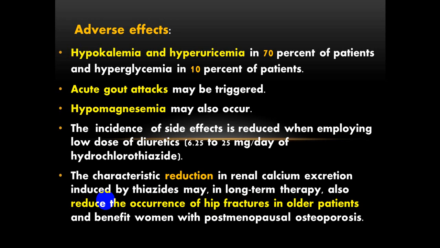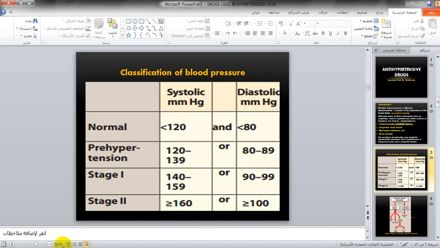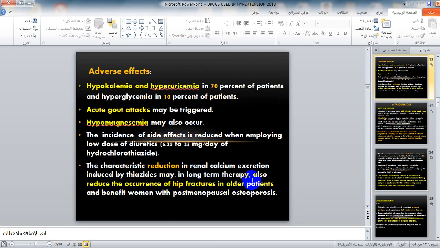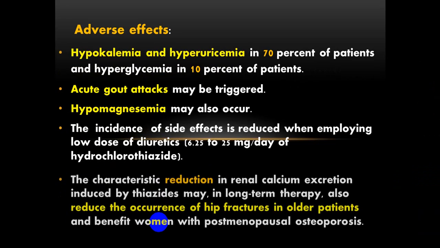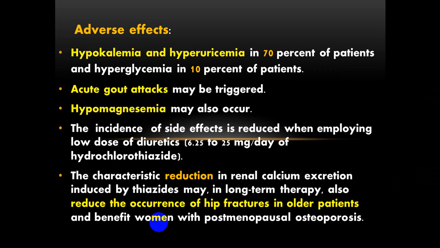The characteristic reduction in renal calcium excretion induced by thiazide may in long-term therapy also reduce the occurrence of hip fracture in older patients. This is a very important benefit, especially in women with post-menopausal osteoporosis.